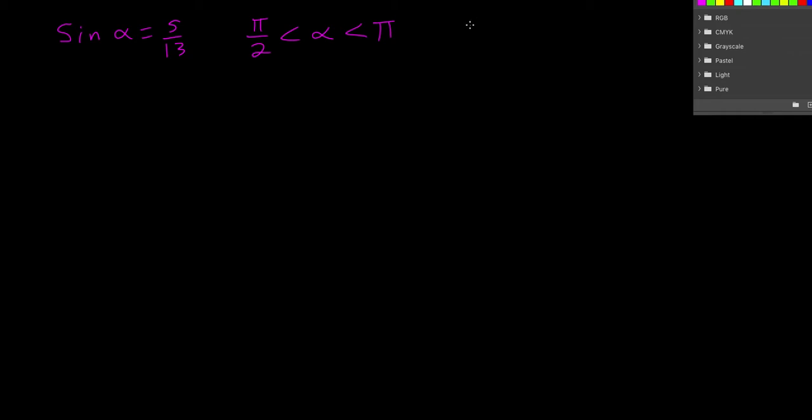So it wants us to find sine 2 alpha. Okay, so if we're looking at a unit circle, if we're in between pi and pi halves, that means we're in the second quadrant right here. So let's do a different color. Okay, so we're in that quadrant somewhere.